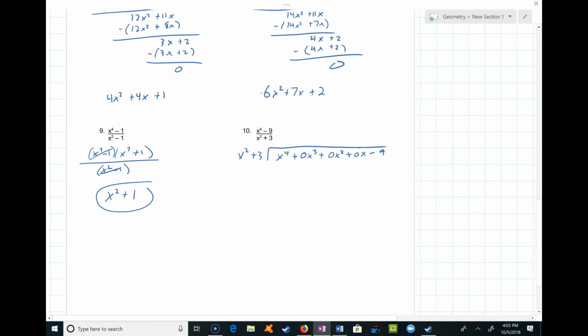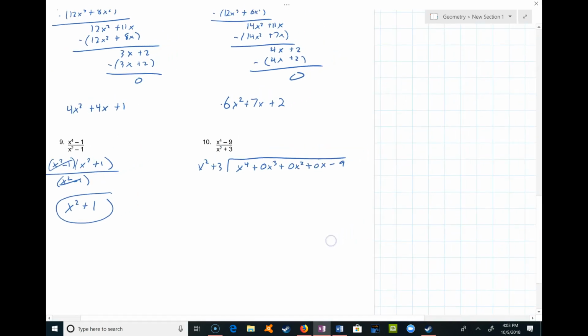This one is a particularly tricky one, so I'm going to walk through it with you. So notice there's a bunch of missing powers or terms in there. There's no cubed, squared, or x term. So we're going to start off with this. And notice this is an x squared plus 3. So I'm going to start over here and say what times x squared equals x to the 4th, and that would be x squared.